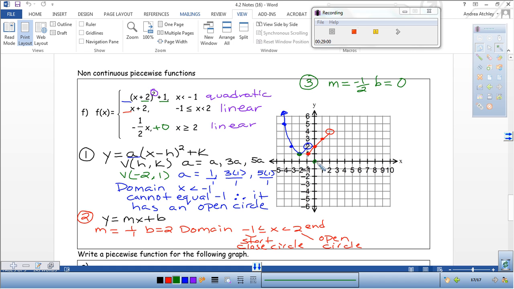So it's right there, and then I'm going to go, this is negative, so I'm going to go down 1, and then to the right 2. Down 1, right 2. Down 1, right 2. And then we need to see, okay, the domain. Is x is greater than or equal to 2.